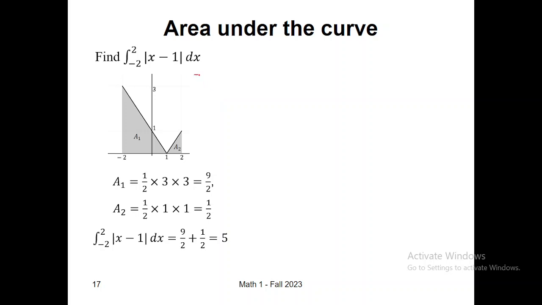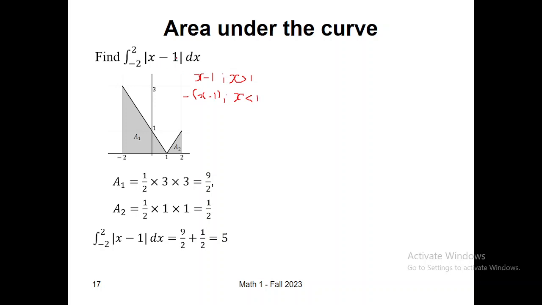This function is x minus 1 when x minus 1 is greater than 0, so it is x minus 1 when x is greater than 1. And it is negative x minus 1 when x is smaller than 1.